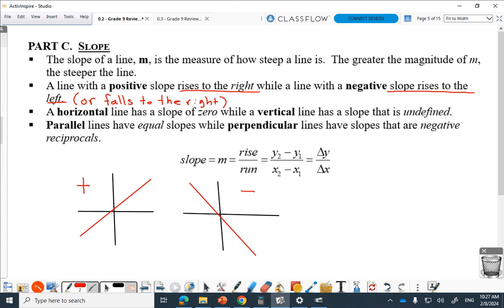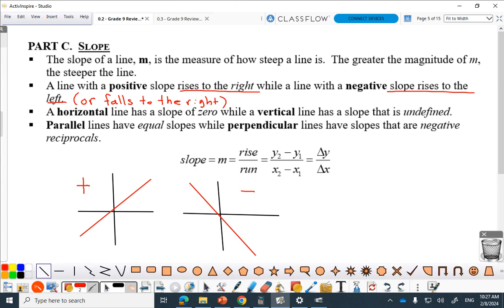Well, let's go to a ski slope. I know it's not a good year for skiing, but let's talk about slopes that you might like to ski on. Let's say you're a beginner and you're just learning to ski. You might like a zero slope.